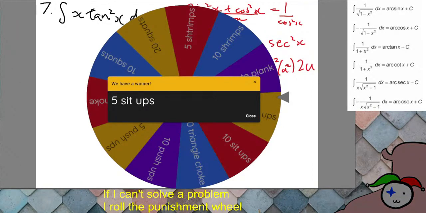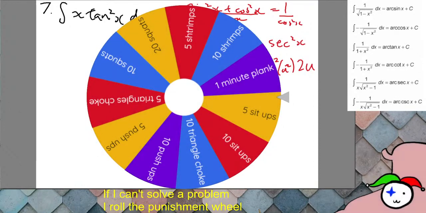One, 2, 3, 4, 5. That's easy. Okay. Whew. I'm really out of shape.